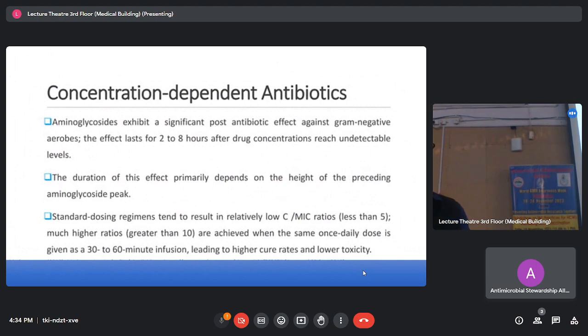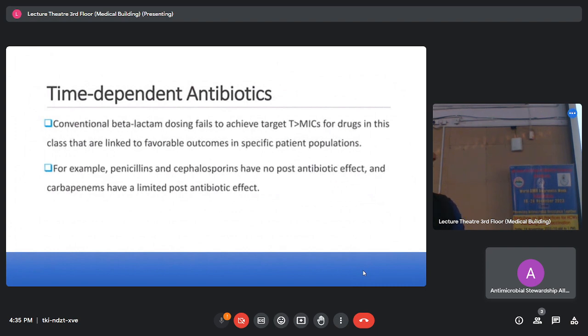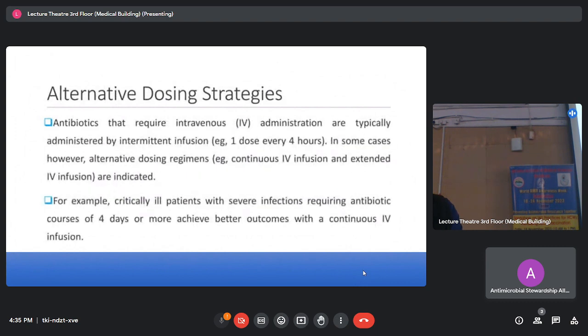Ultimately, the idea is that for aminoglycosides, higher doses over a short duration of infusion are going to be better. But for time-dependent antibiotics, slow, continuous infusions in appropriate doses are going to be helpful.